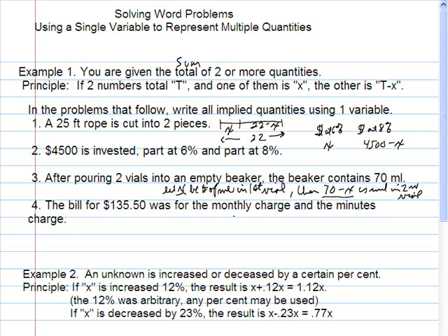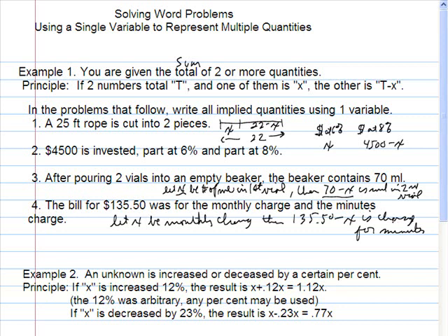Now we do a little bit more complicated one. It says a bill for $135.50 was for the monthly charge and the minutes charge. So if I say let X be the monthly charge, then $135.50 minus X is the charge for minutes.